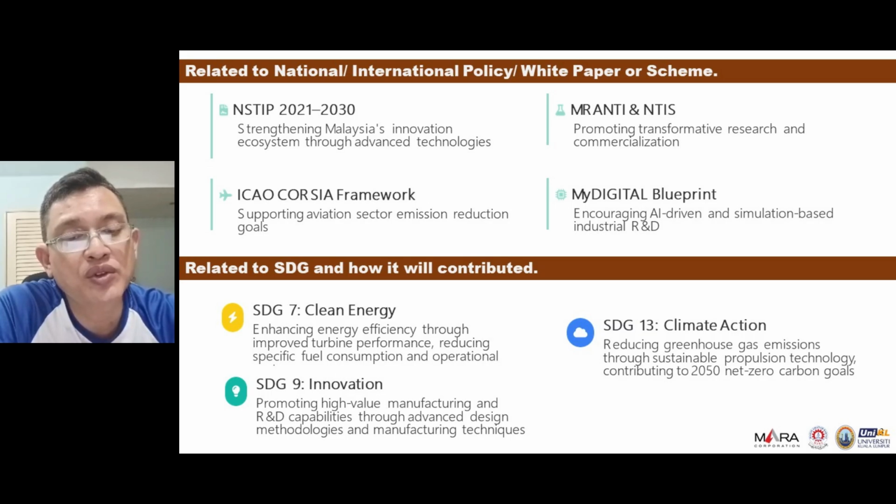Additionally, it contributes to international goals, which is the United Nations Sustainable Development Goals SDG 7, SDG 9, and SDG 13, which is the climate action through innovation that improves energy efficiency and lowers emissions. Thus, this work bridges advanced engineering innovation with environmental sustainability, reinforcing Malaysia's role in global clean technology leadership.